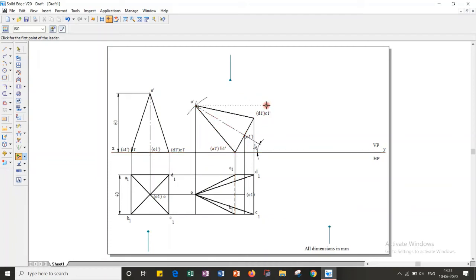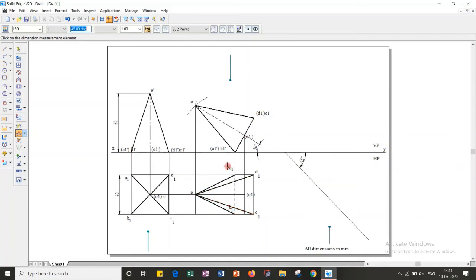Here C1 D1 is not in contact with the XY line, so the object is not resting on C1 D1. So the resting side will be A1 B1. This resting side is not visible, so I am marking it dotted. In the third step, the resting side is making 45 degree with respect to VP. First mark one line at an angle of 45 degree. This angle has to be 45.